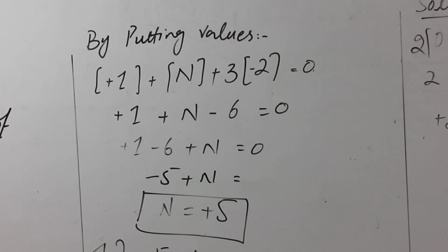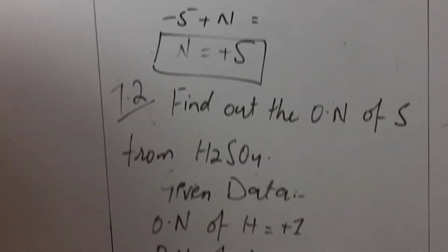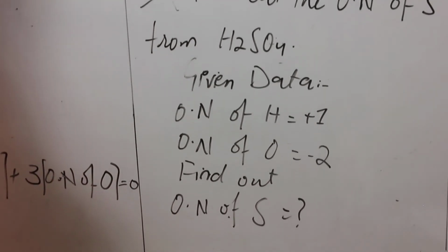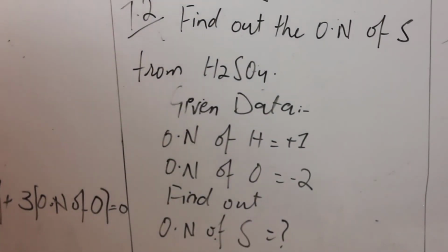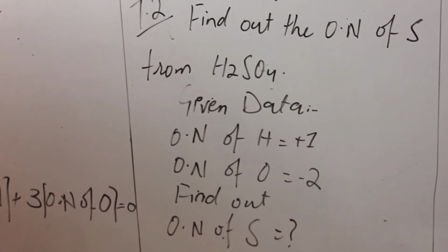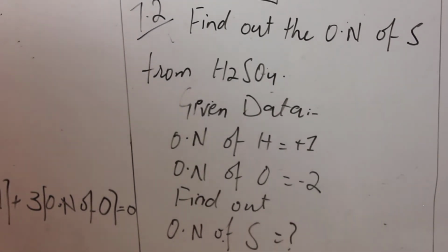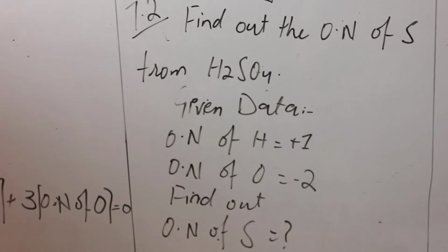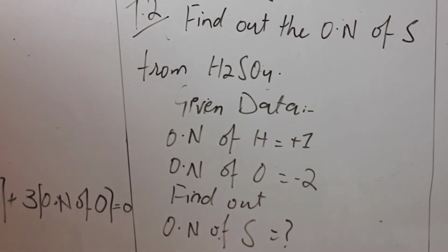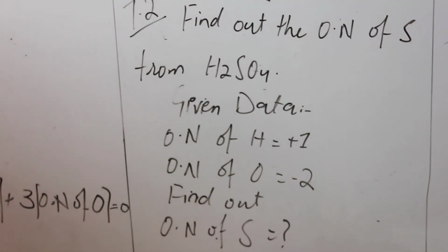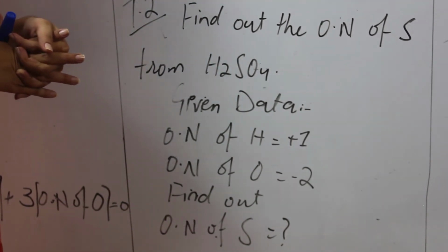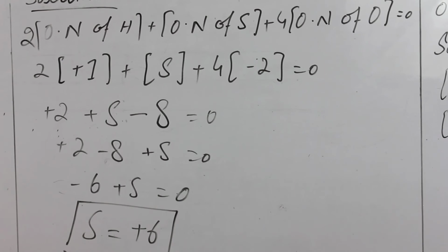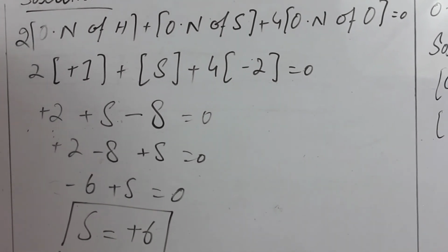And second example, we want to calculate the oxidation number of sulfur from sulfuric acid, that is a neutral compound. In this compound, the given data is that the oxidation number of hydrogen is +1 and the oxidation number of oxygen is -2. Find out the oxidation number of sulfur, and again we apply the same formula and add all the oxidation numbers of hydrogen and oxygen.